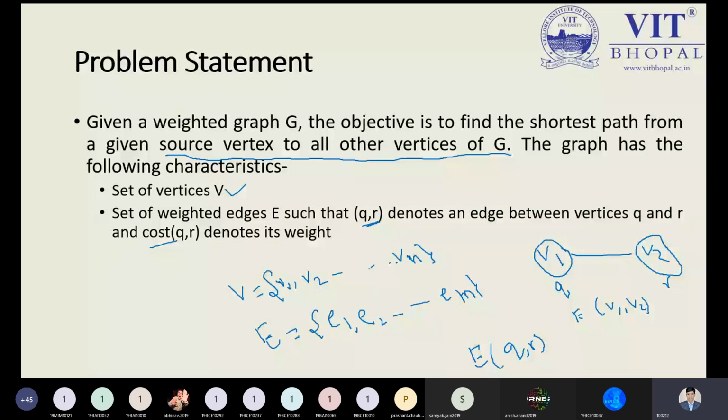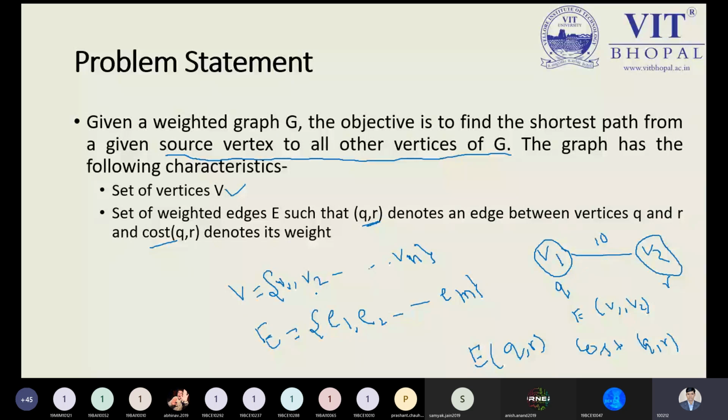And we can also determine the cost between q and r. Suppose I have the cost 10. So the cost of these two vertices, or this edge, will be 10. So the cost of qr will be 10, or the cost of V1 and V2 will be 10, without any problem. This is an example.